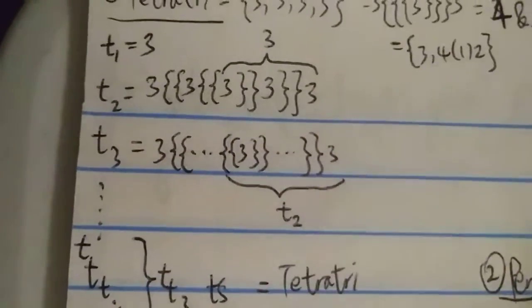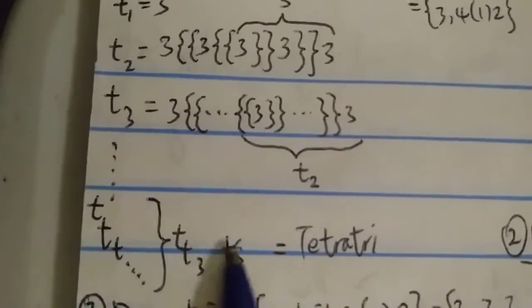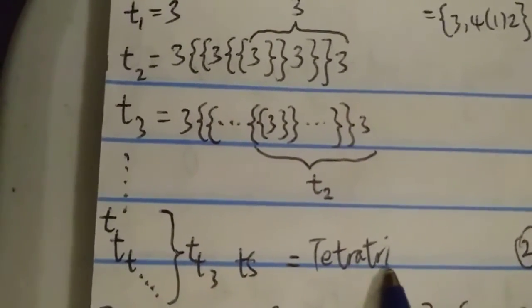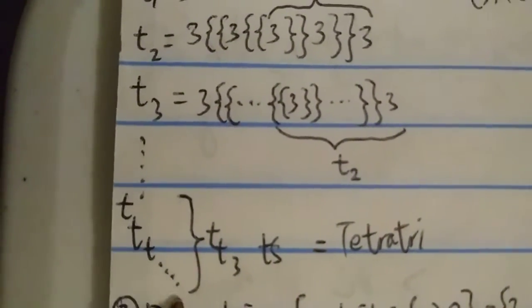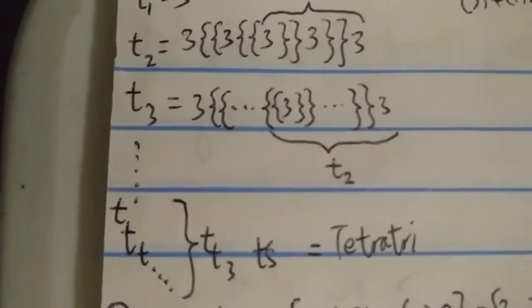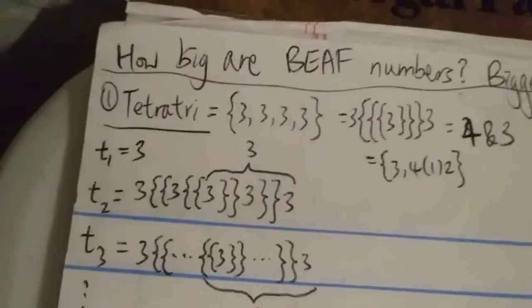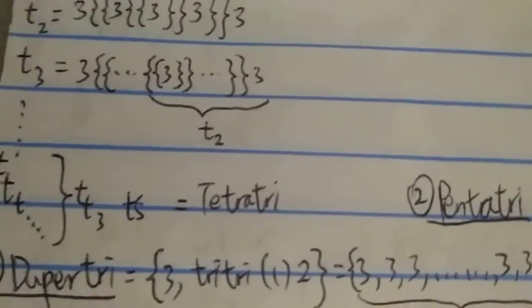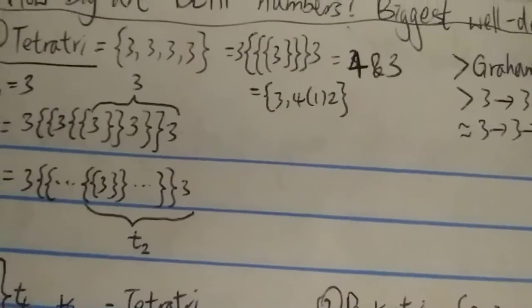And I think t2 is already way bigger than Graham's number, just to let you know. So how big is this number? Tetratri is this thing over here: t with t3 number of t's. So this is already way crazier than Graham's number, and this is just the smallest number I'm going to talk about in this video. It's already pretty crazy from this point on.